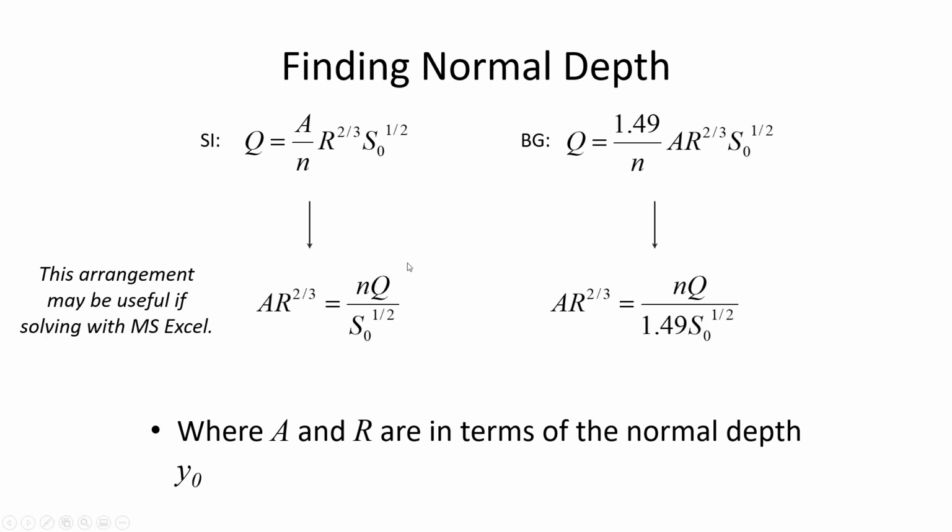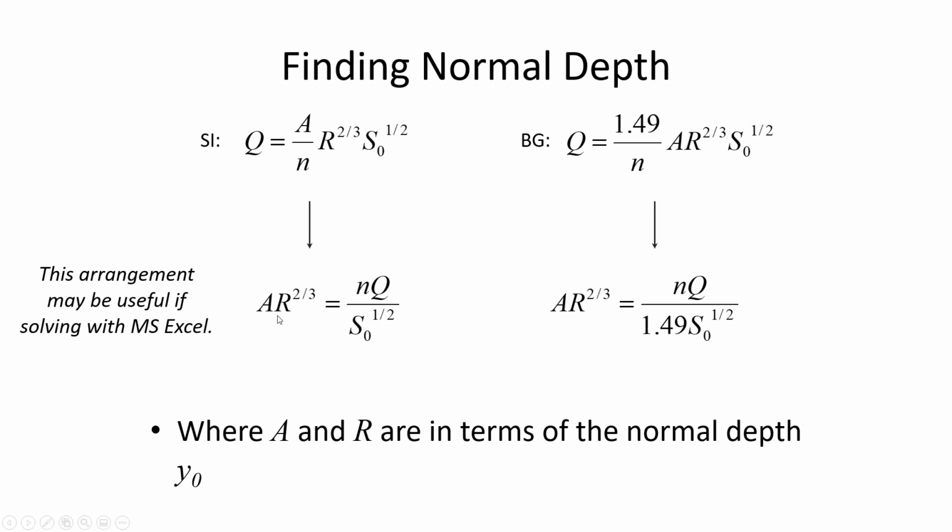Here they're on the right side. All of the things that would be given, like the roughness that corresponds to the material, the flow rate, the slope. And if we wanted to know the depth, then anything that has y as a variable would be moved over to the left-hand side of the equation.